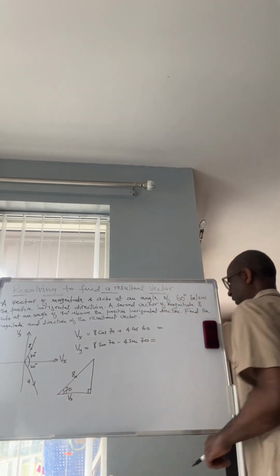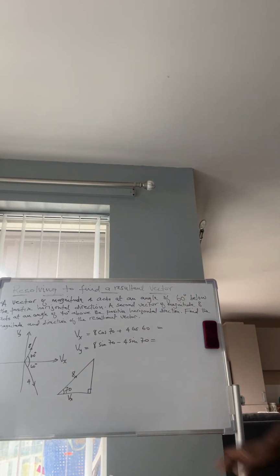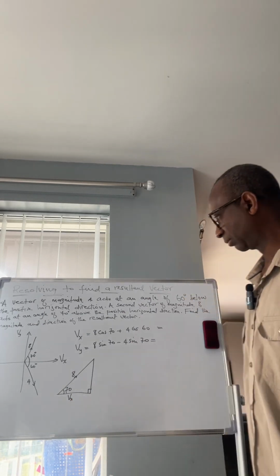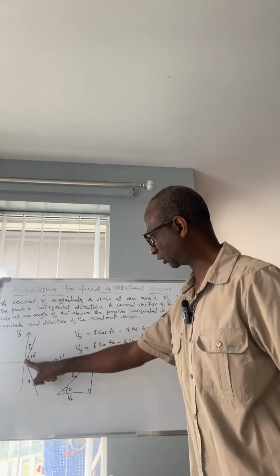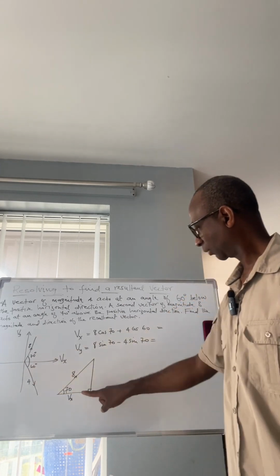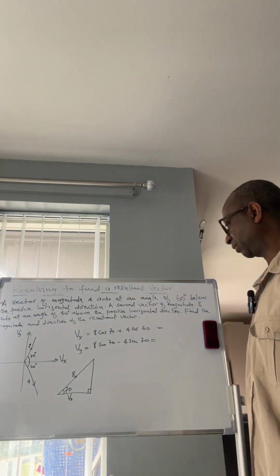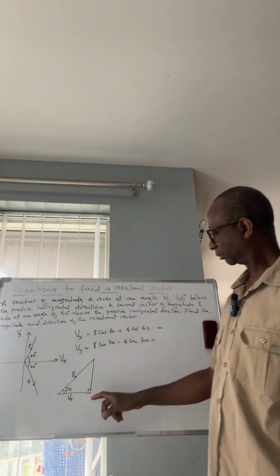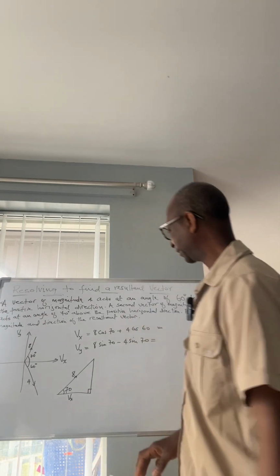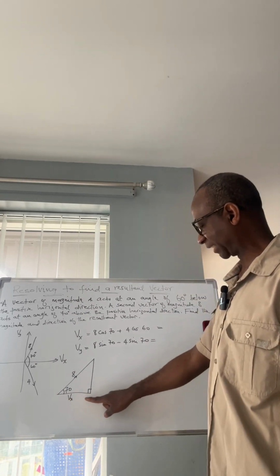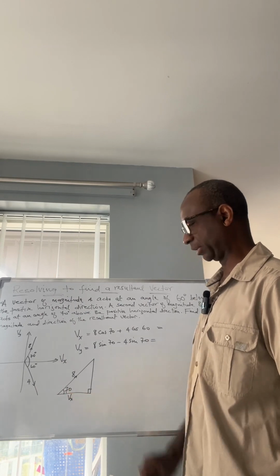You have this right angle triangle. You want to find Vx. You don't know what Vx is. I'm looking at this top vector. You have this right angle triangle. But from your trigonometric identities, you know that you are looking for the adjacent side of this angle here.